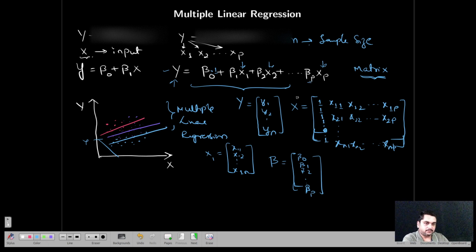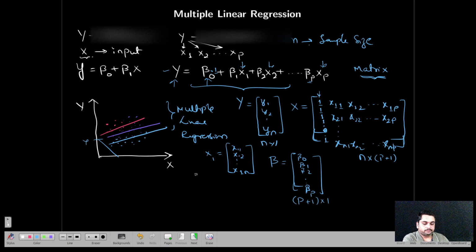N is the size of the input. Now, if you observe, y is an n cross 1 matrix. For x, there are total n rows and p columns plus one column, so p plus 1 is the size of this matrix. Here beta is again a column matrix, of size p plus 1 into 1.